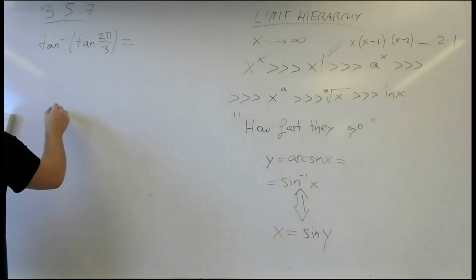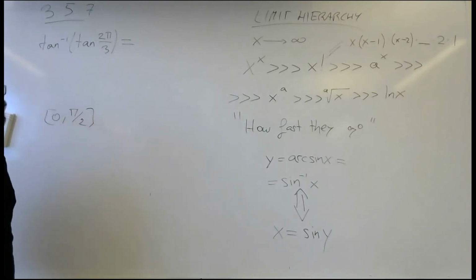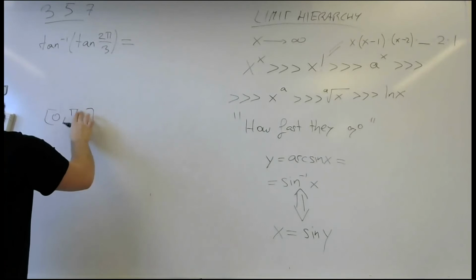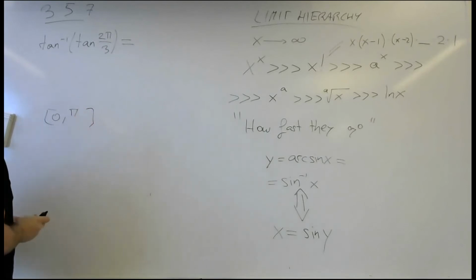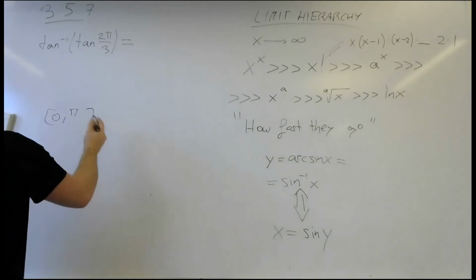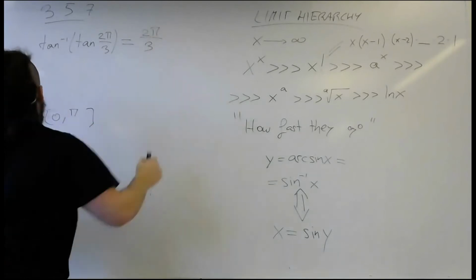So if you want a solution in the interval 0 to pi, then your answer will be 2 pi thirds.